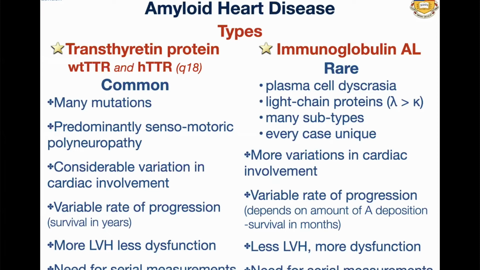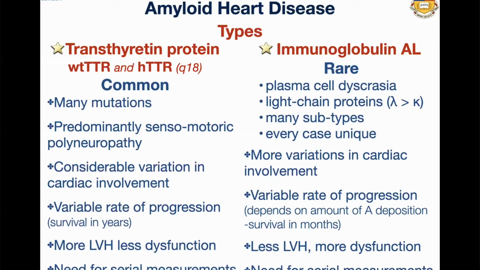Importantly, in transthyretin amyloidosis, there is more ventricular hypertrophy, or better, ventricular wall thickness, in contrast with AL amyloidosis, which has less hypertrophy or less wall thickness, but more ventricular dysfunction.